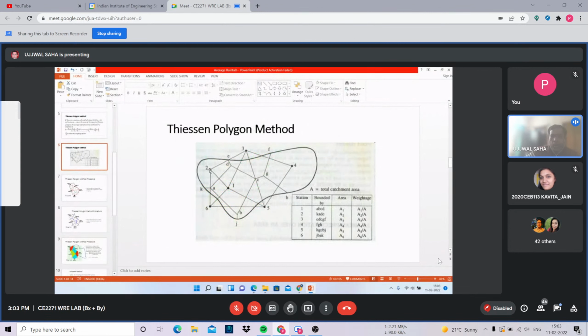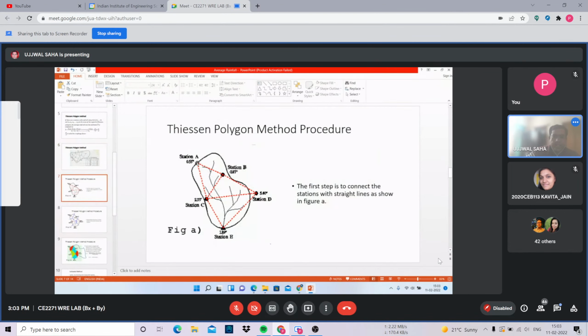What is that type of triangulation? We will join the rain gauge stations in a triangular manner. In survey also, whatever you have done, you have done triangulation, is it not? So the individual stations here, A, B, C, D, E, we will join in the form of triangles. It is my first step, but there is a certain condition to be fulfilled.